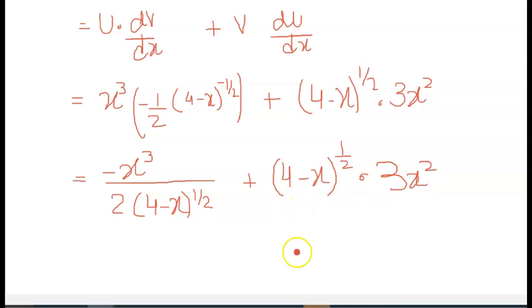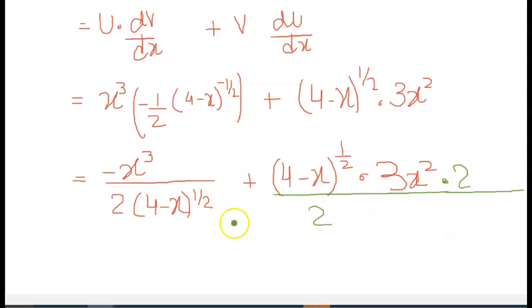Now we need to further simplify it. To do that, we need to make the denominator the same. In this denominator, what's missing? A 2 is missing, so I have to put 2 here. I cannot just put a 2 here randomly, because I've changed the value, which means I have to put the 2 on the top as well.